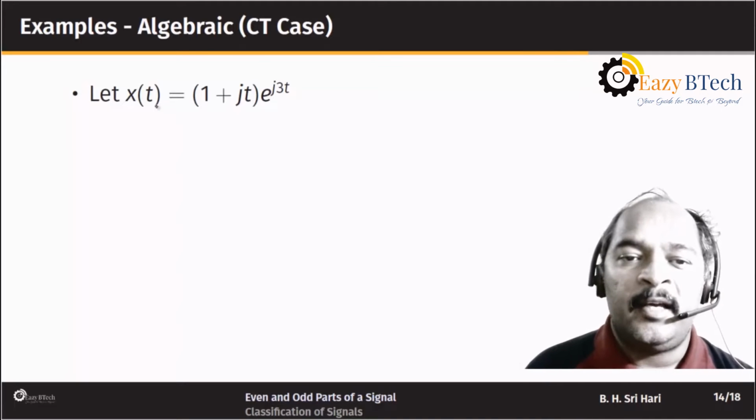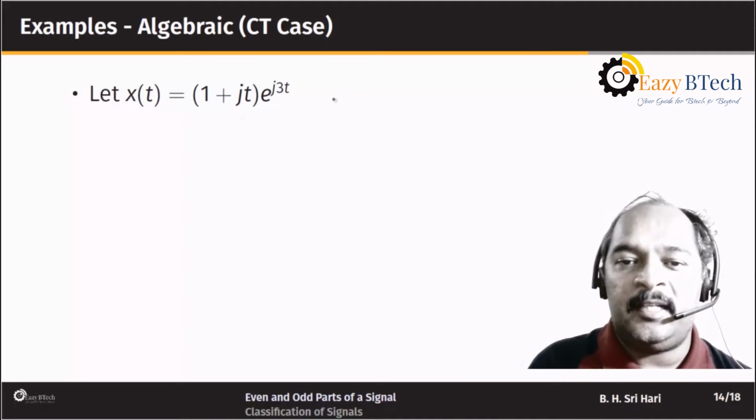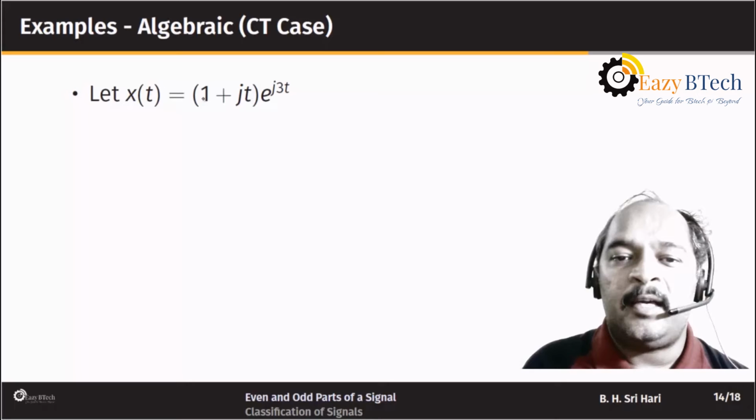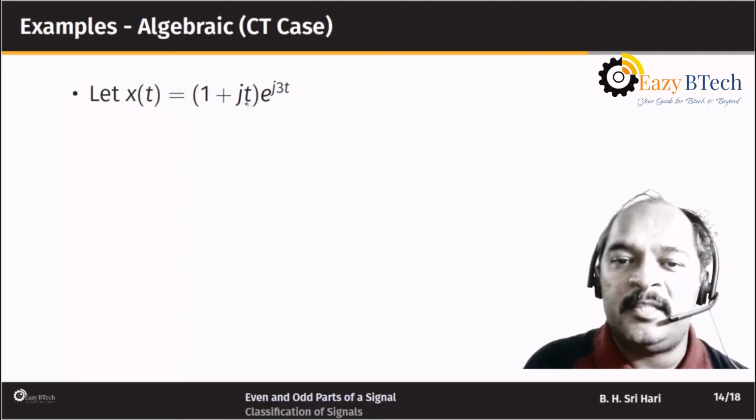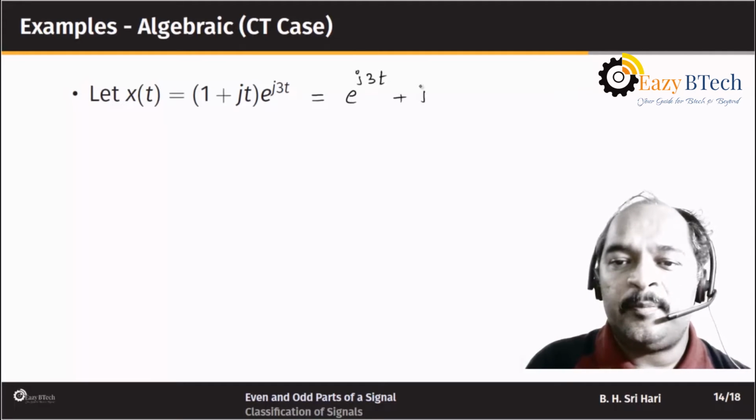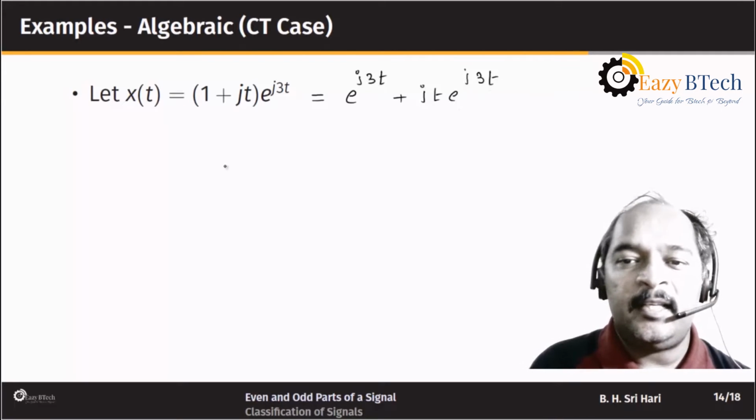We want the even and odd part of this signal. x of t is given by 1 plus jt multiplied with e power jt. Let us expand this. So you will get x of t to be e power jt plus jt times e power j3t, so e power j3t plus jt times e power j3t.